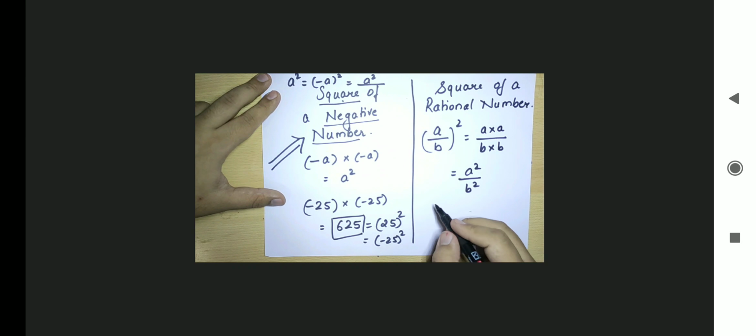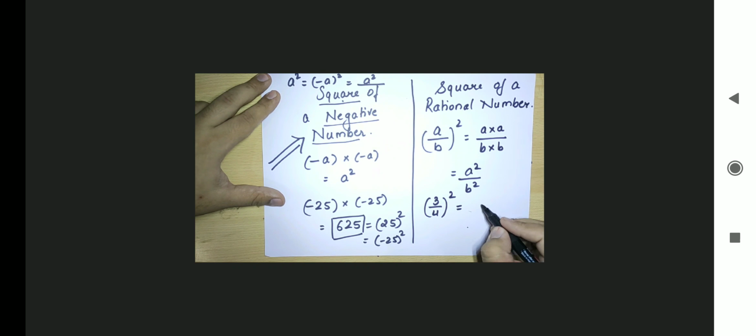For example, 3 upon 4 whole square is equal to 3 multiplied by 3 upon 4 multiplied by 4, which is also equal to 9 upon 16. So this is your answer.